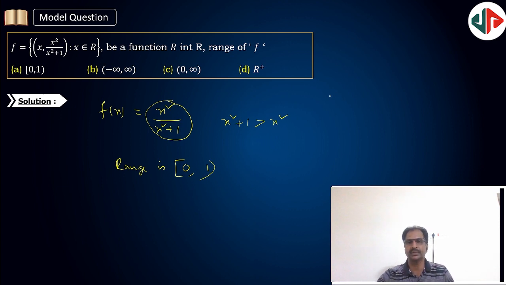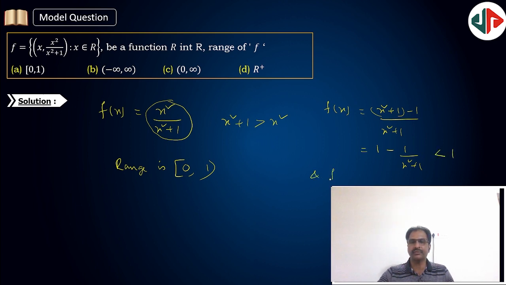Option A. Or you can explain in a different way like this. Add and subtract 1 in the numerator. Split this into two terms, 1 minus 1 by x square plus 1. 1 by x square plus 1 is always positive, and we are subtracting a positive number from 1, which is always less than 1.